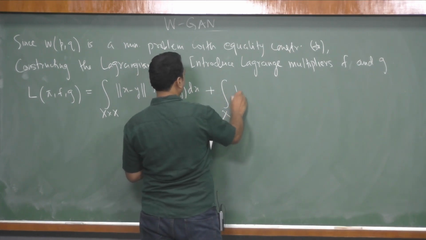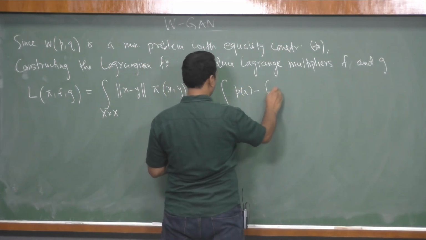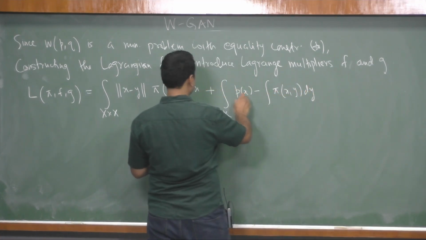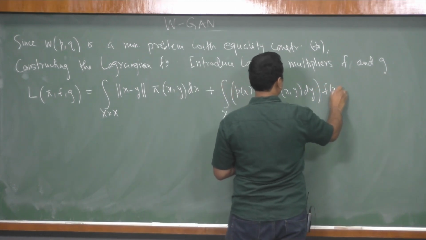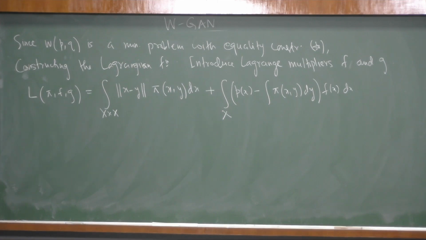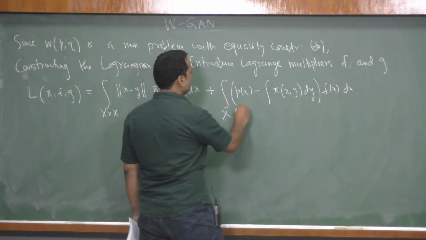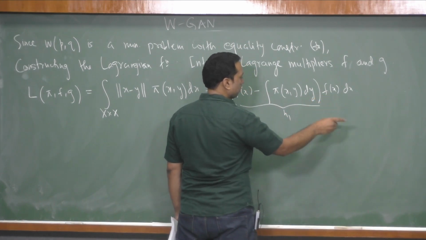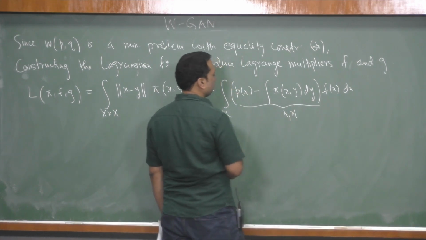So this is Px minus the integral of pi(x,y) dy, and this all goes with f(x) dx. Earlier I showed you writing the Lagrangian with summations, but you change summation to integral here. That's the only change I have to do, because this is a continuous problem. You can think of these as h1 and the multipliers as mu1.